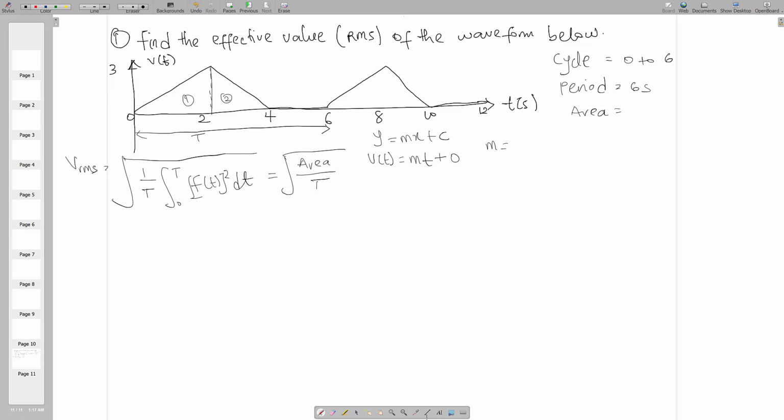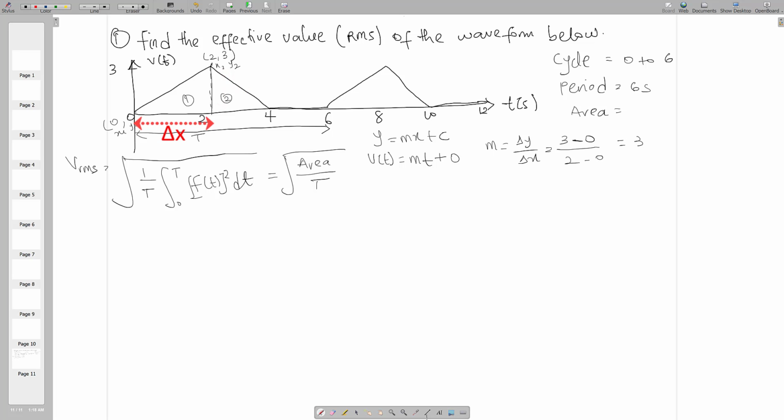So then let's find the gradient, that is change in y over change in x. Let's use coordinates. Let's say the coordinate here is (2, 3), because we have 2 here on the x-axis and the peak value, that is on the y, to be 3, and we have the coordinates here to be (0, 0). So if this is your x2, this is your y2, and this is your x1, this is your y1, we can say that the gradient will be (3 - 0) over (2 - 0).